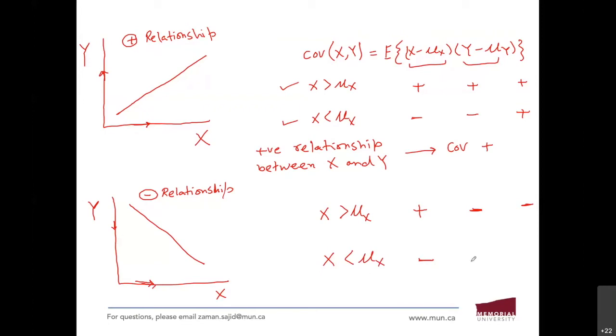So I get a positive second term. And when I multiply negative by the positive, I get a negative number again. So I can say that in the negative relationship of x and y, your covariance will be negative.